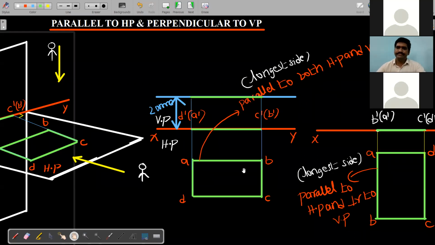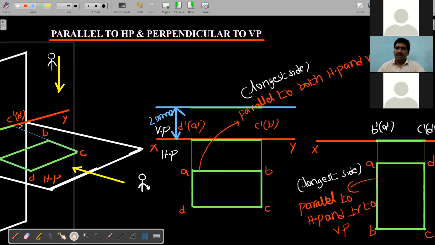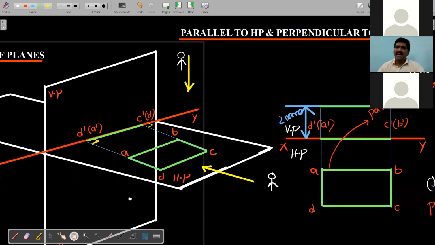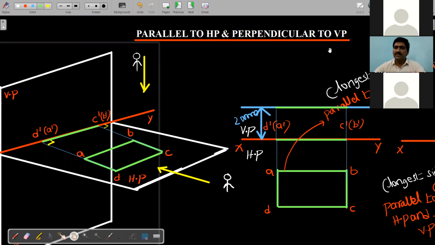Yeah, Vijeta, you're asking something? You said parallel to HP and perpendicular to VP, right? That rectangle is the total plane.